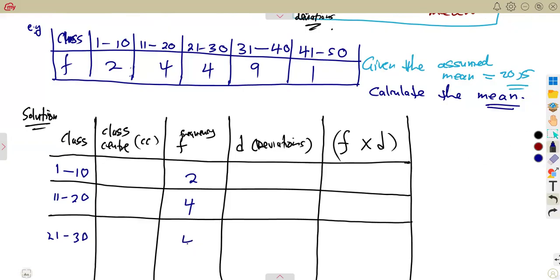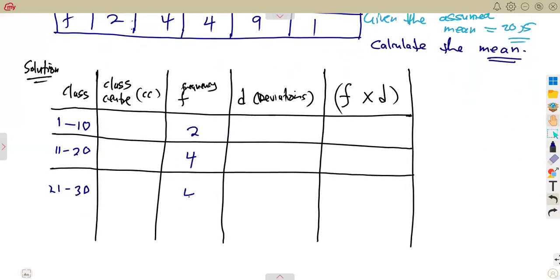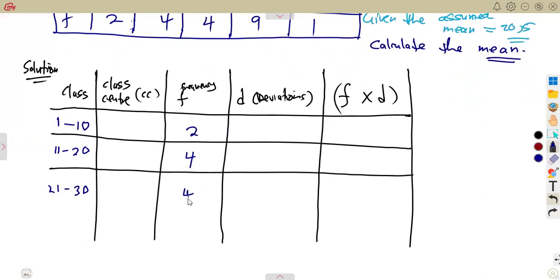Okay. So these ones, we can fill them. We have that information corresponding, so we can easily fill in that information. All right.